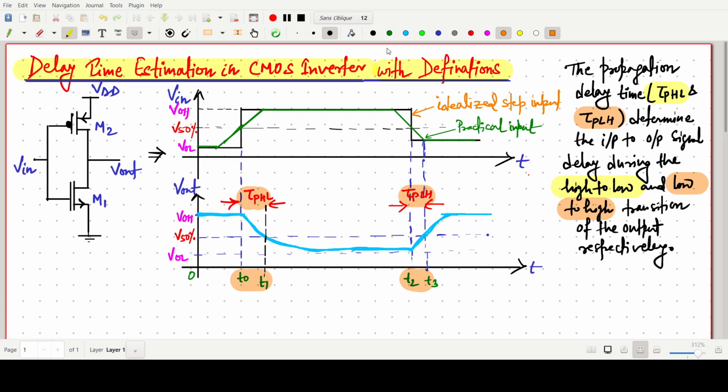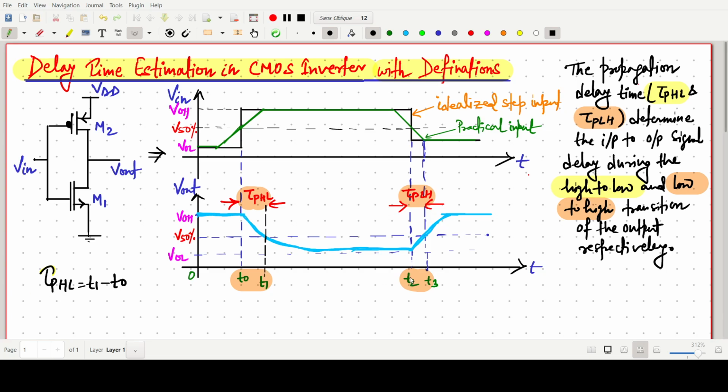And ideally we can say the tau PHL, so we can simply write that. Hence we can write tau PHL is nothing but simply t1 minus t naught.